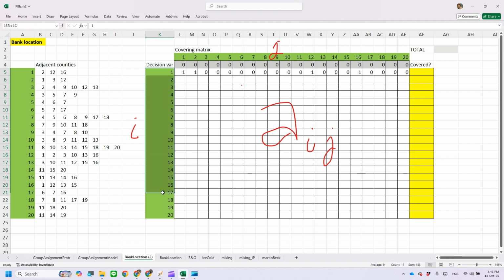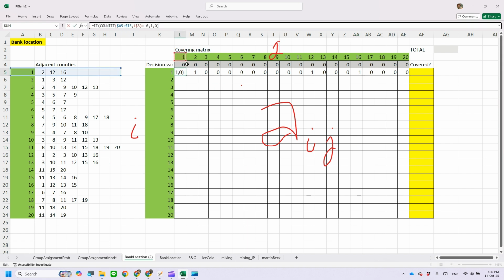So this is our i, and up here is our j. So remember that Aij is 1 if county i is next to county j. So we can create the adjacency matrix using an Excel formula here.